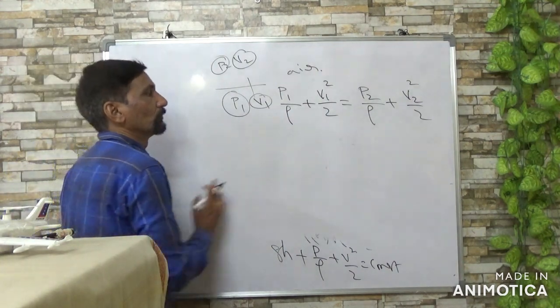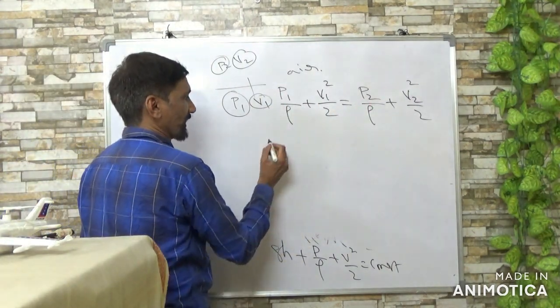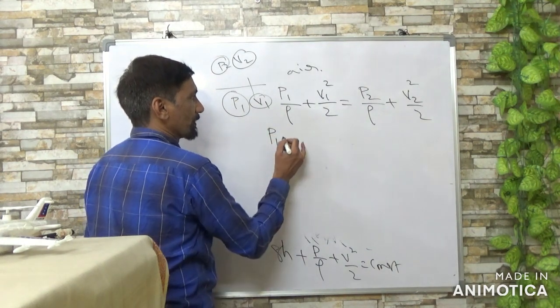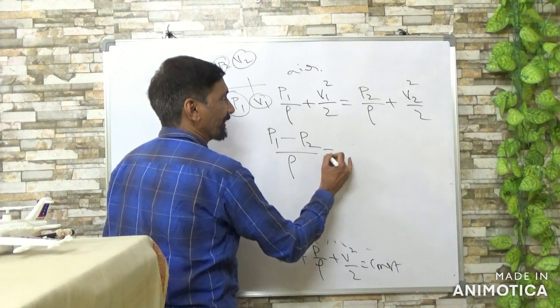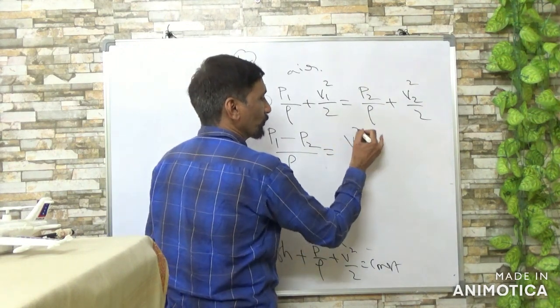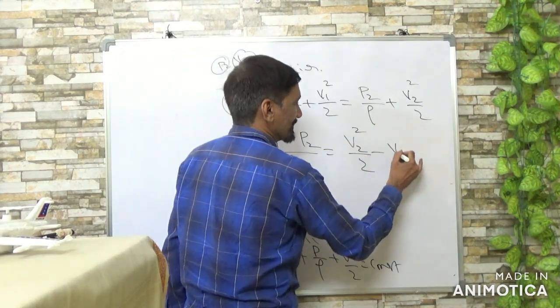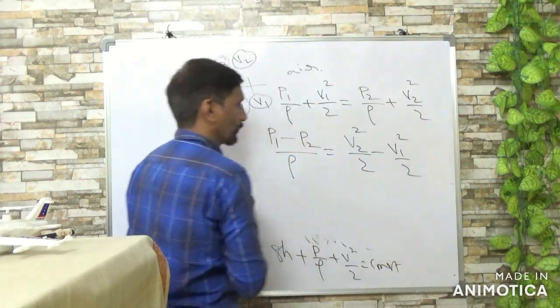Now you can take this to one side: P1 minus P2 by rho is equal to V2 square by 2 minus V1 square by 2.